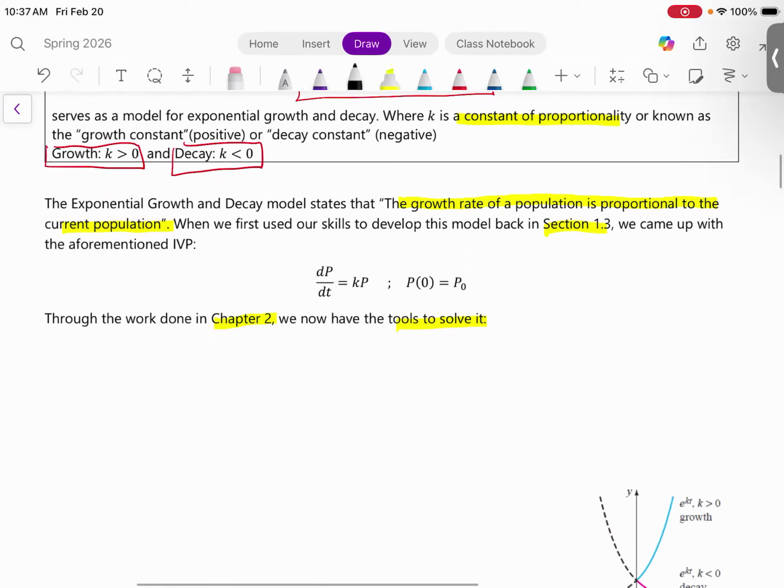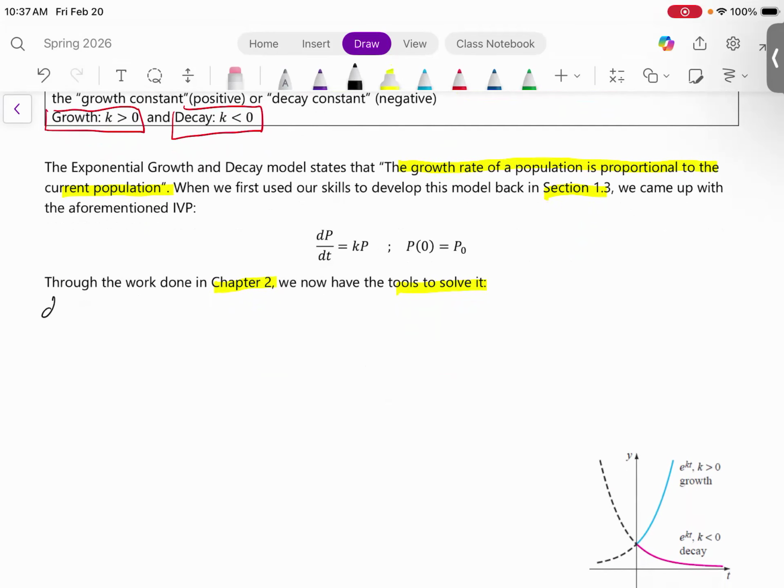So here we have the differential equation dP over dt equals k times P. P is my dependent variable, t is my independent variable. But we can go ahead and solve this. And the type of differential equation this is, is separable.